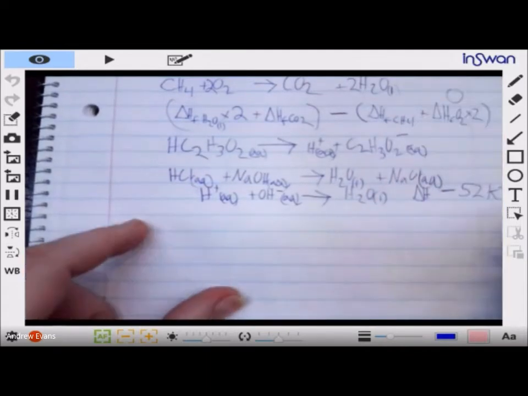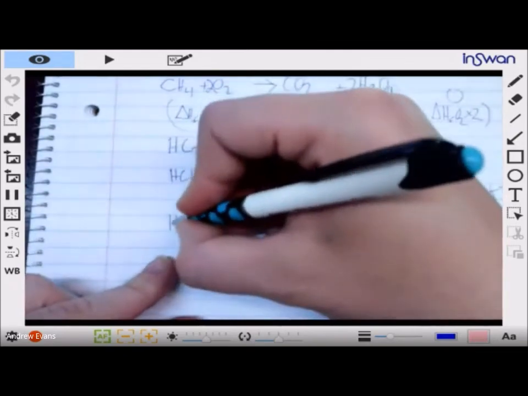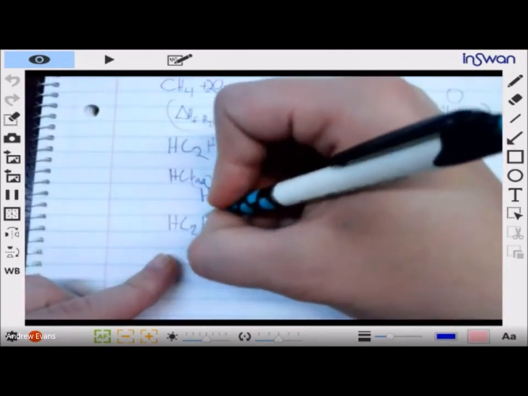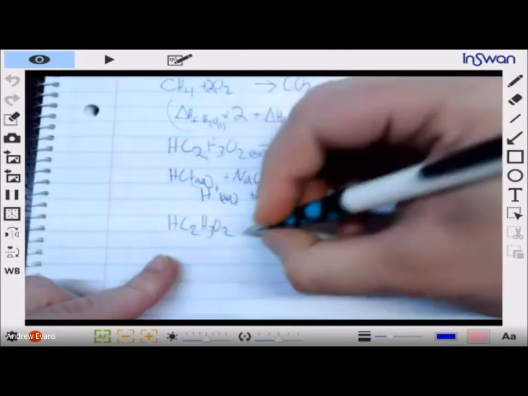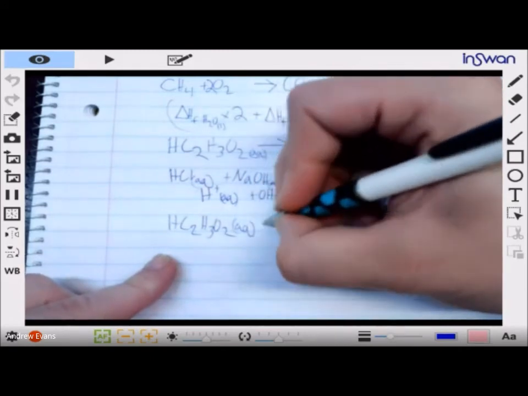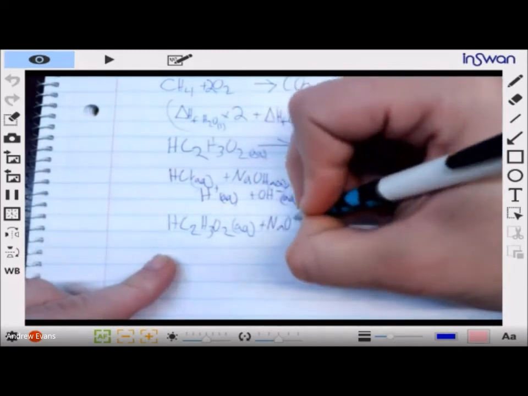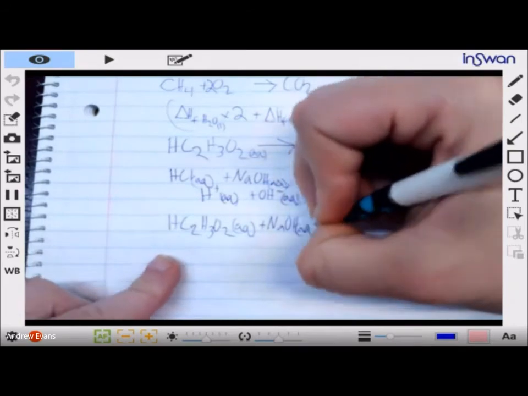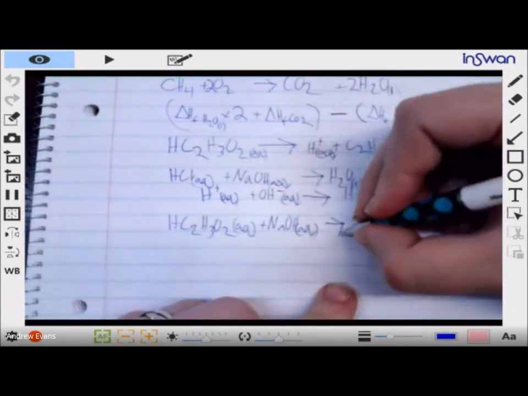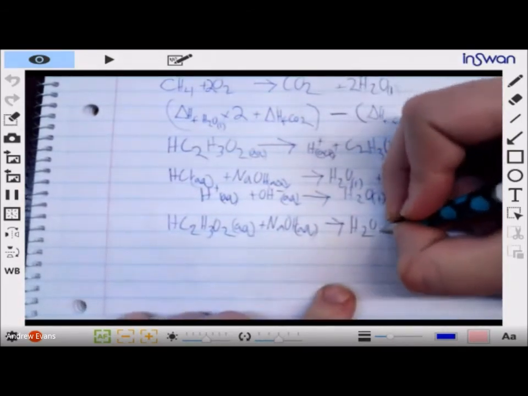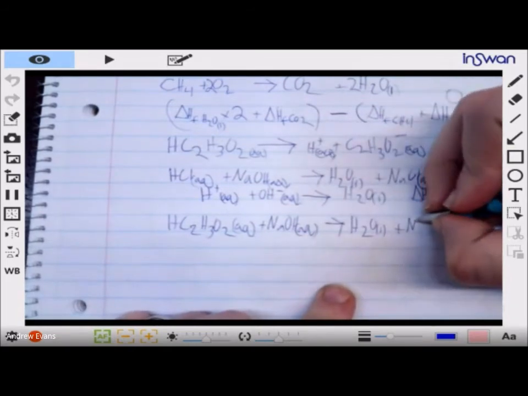And then we look at another reaction. Instead of HCl, we look at acetic acid and sodium hydroxide, which goes to water and a salt.